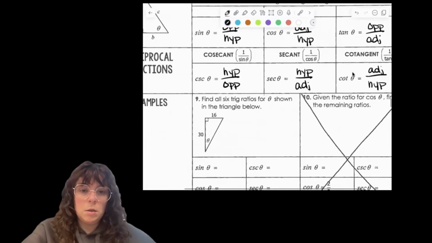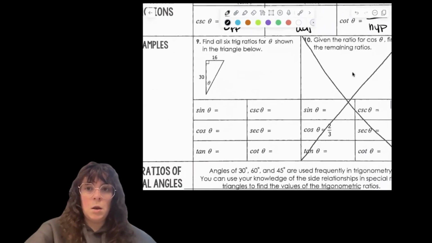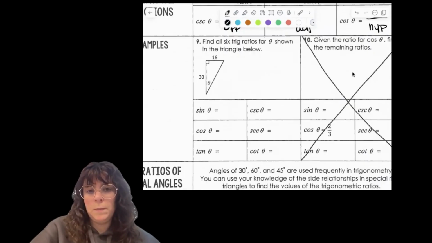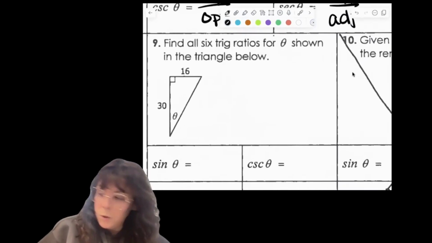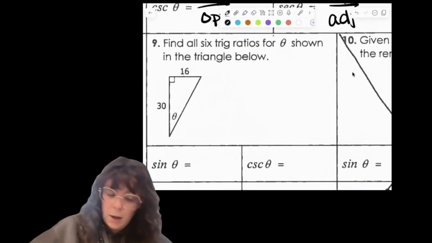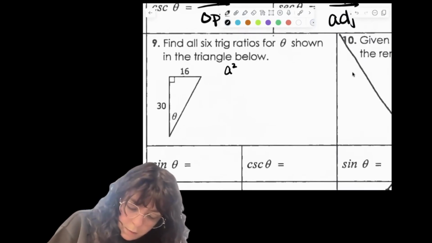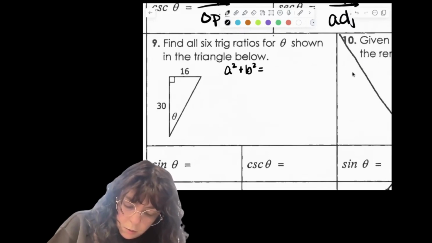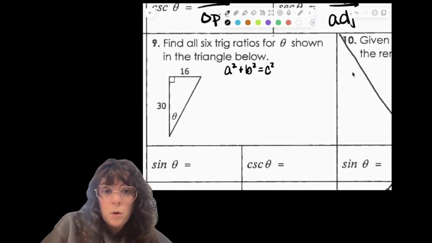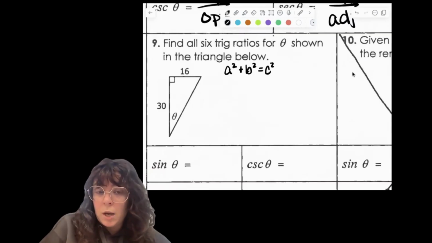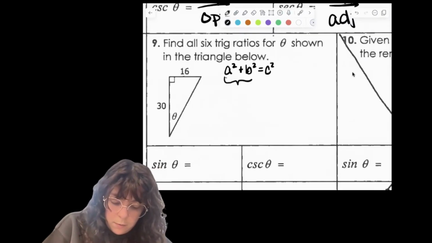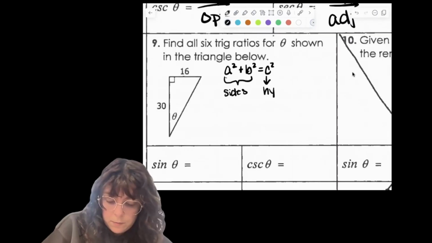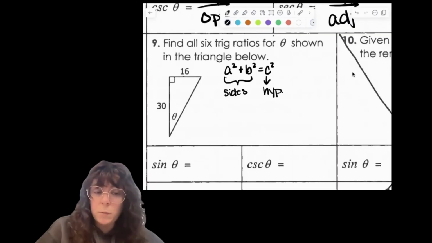All right, so again, let's do a little geometry lesson. If you don't remember, you can solve for the hypotenuse by doing a squared plus b squared equals c squared. The a and b are the sides of the triangle. c is the hypotenuse. We don't know the hypotenuse, but we do know the two sides.